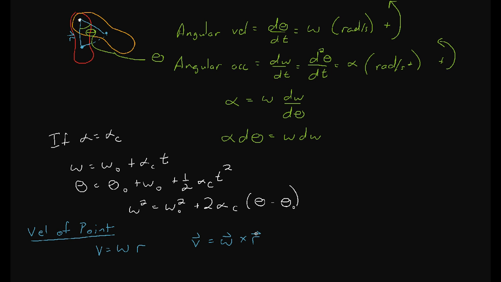You can think about it as if you go around your circle, you've gone 2 pi radians, and if you've done that in a certain amount of time, then you can go to the velocity of your point here as well. But in general, just remember the equation.